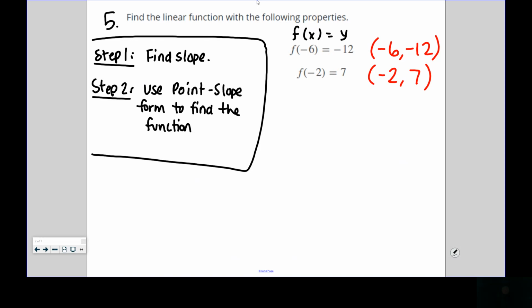All right, so go ahead and write down your slope formula. I've written it down on the board up here. You can see you're going to need to label your points. Let me turn up the lights again, it's a little bit dark over there. So you can see that m is y2 minus y1 over x2 minus x1.